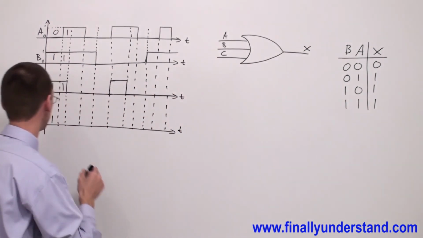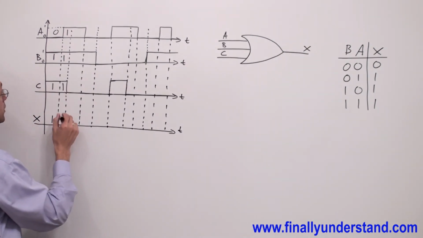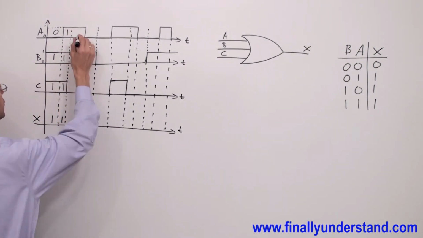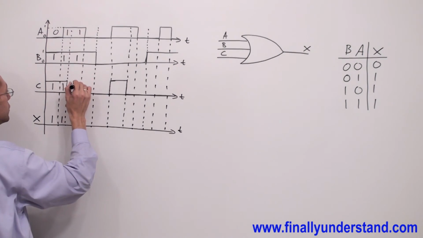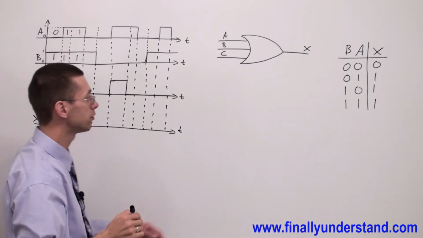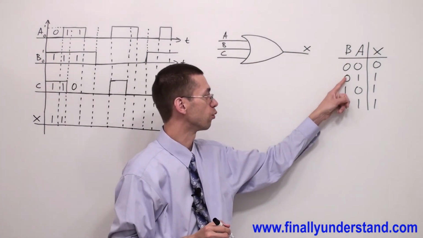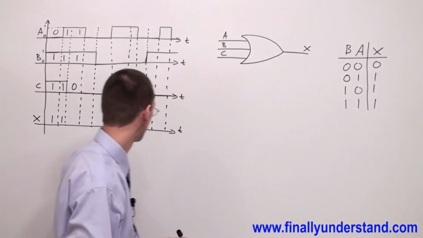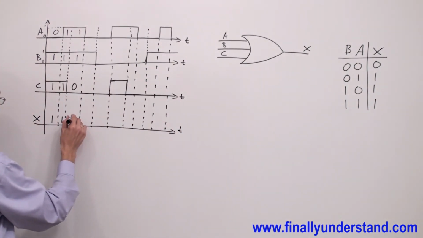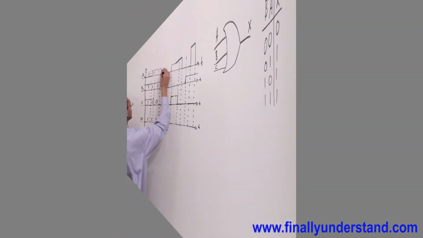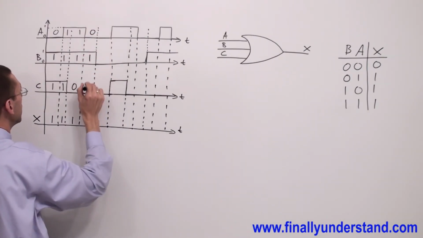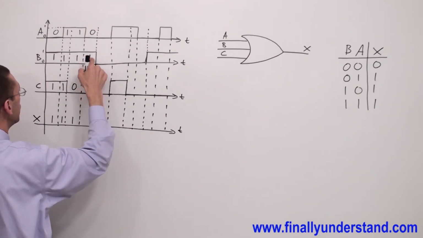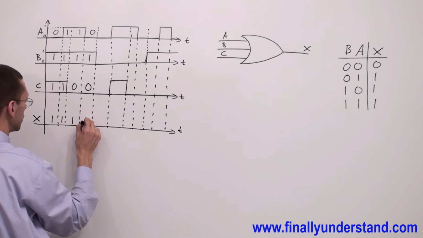That's why I'm going to write 1 over here. Next column: I have 1, 1, 0. If at least one of the inputs is receiving 1, the output is 1. That's why I'm going to write 1 over here. And I have 0, 1, 0. Again, I have 1, that's why the output is 1.